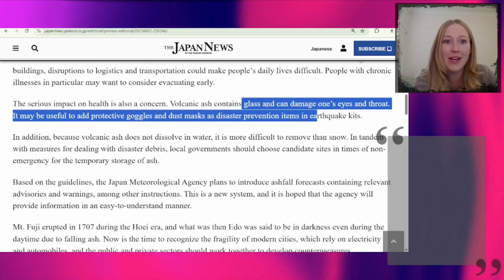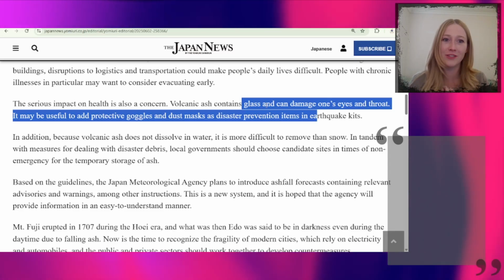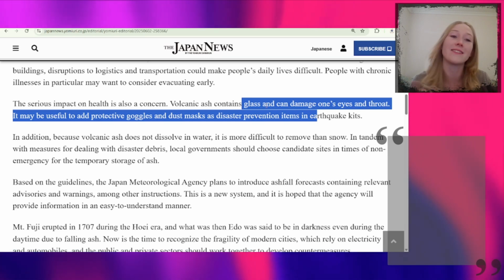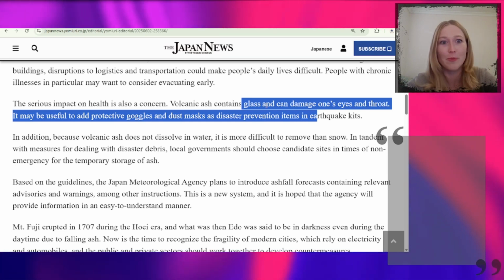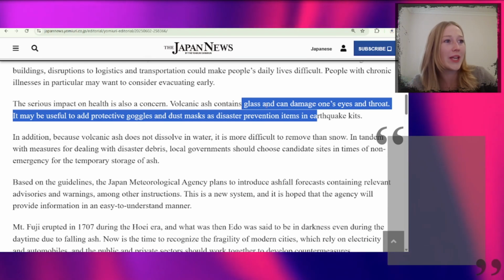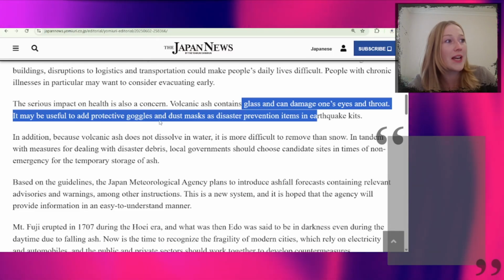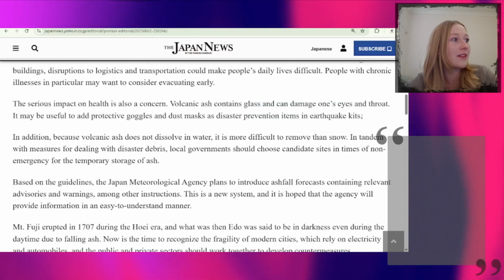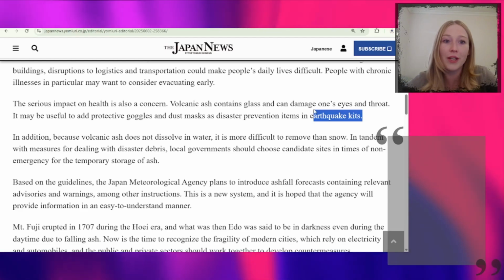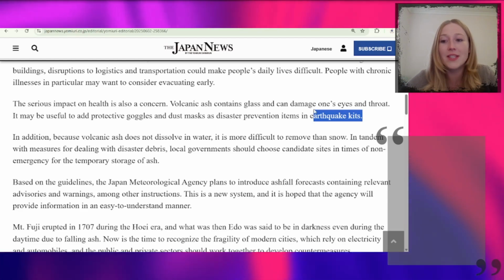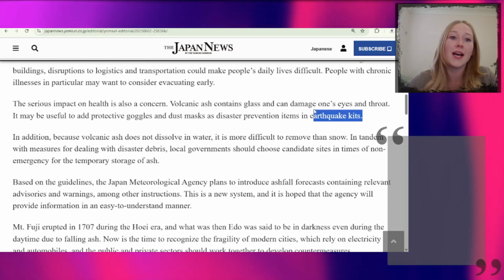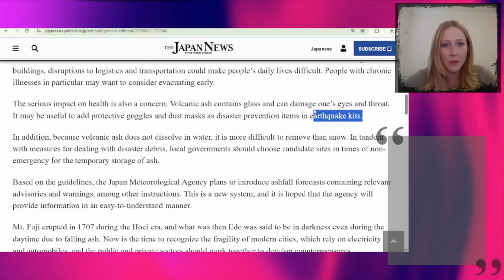I mean, could you imagine getting ash glass in your eyes and lungs? It just sounds like a bad idea. So that's why they recommend that people have goggles and dust masks in their earthquake or emergency kits. So they're taking this potential risk and acknowledging it before it becomes a problem.